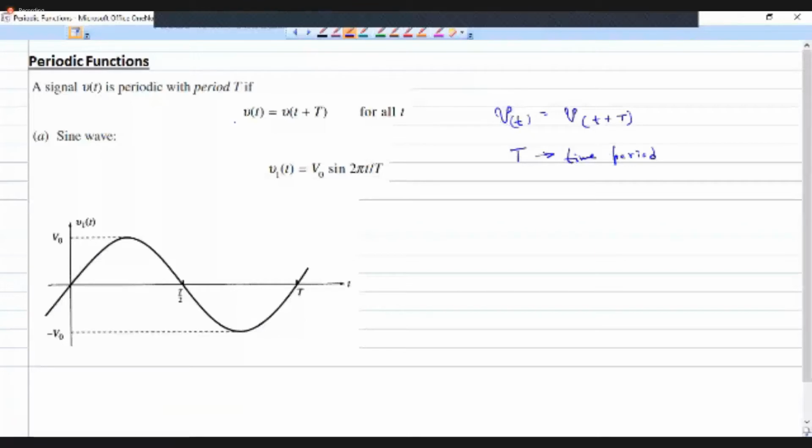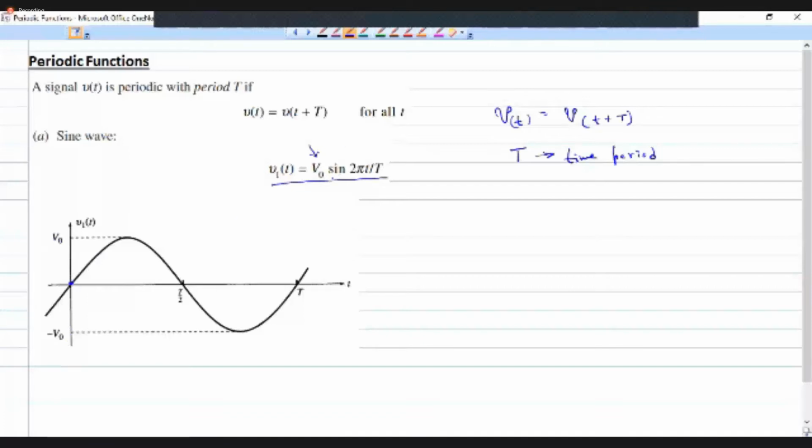Example: let us say that a voltage V1 is represented by V0 sine 2 pi t by T. Everyone is familiar with the shape of this sinusoidal voltage waveform. When you represent a function like this, we know that this capital V0 is the amplitude, so this sinusoidal function is oscillating between plus V0 and minus V0.